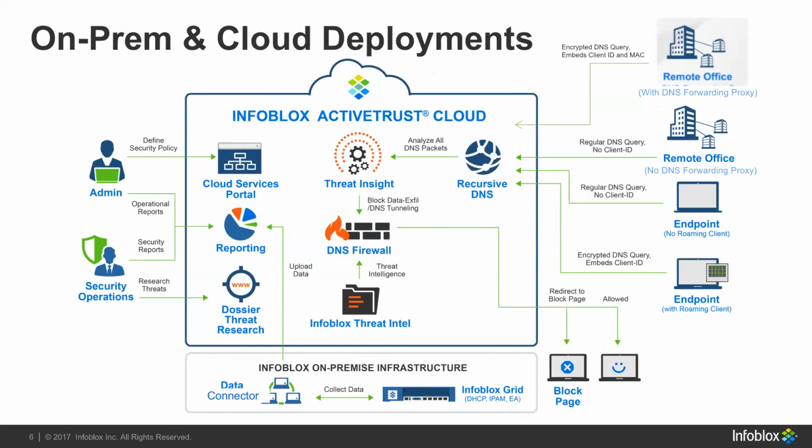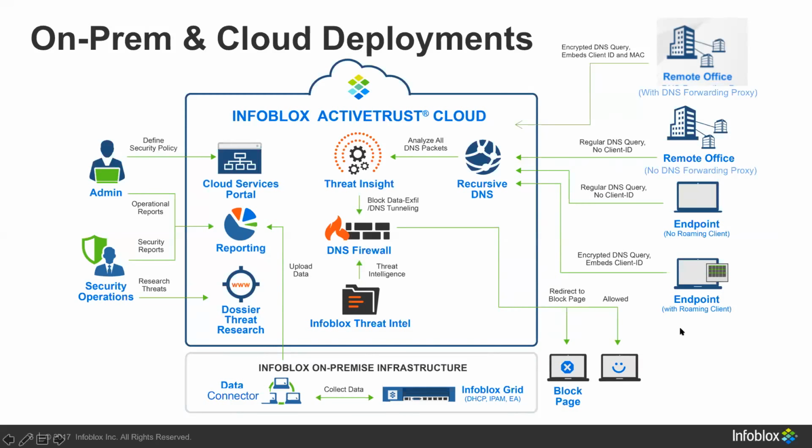We'll talk about some of the cloud-based components in a minute in the middle of the screen. You can also install, on-prem, our DFP, which is our DNS Forwarding Proxy, as another solution to forward all those DNS requests up to our cloud. So those are two ways for on-prem.